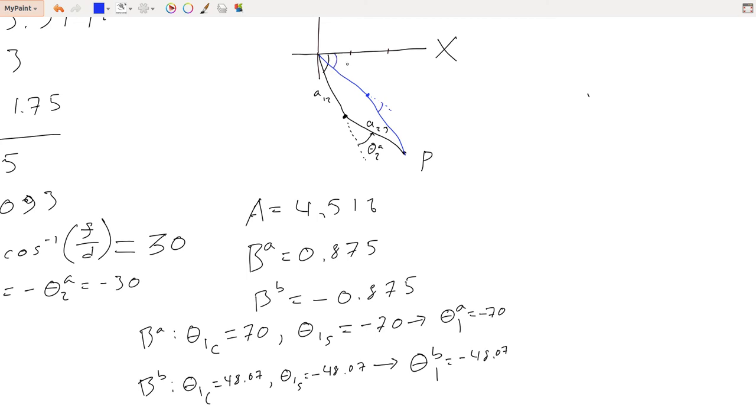So there's theta 1b, theta 2b, and this is theta 1a. So that would be elbow up.